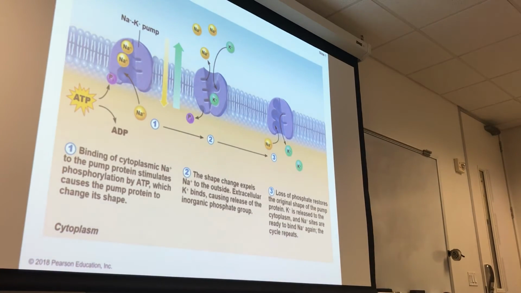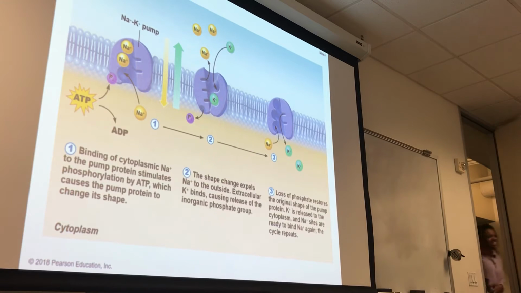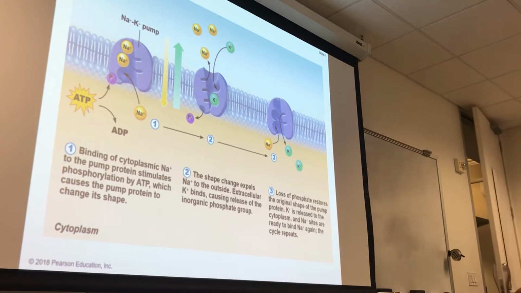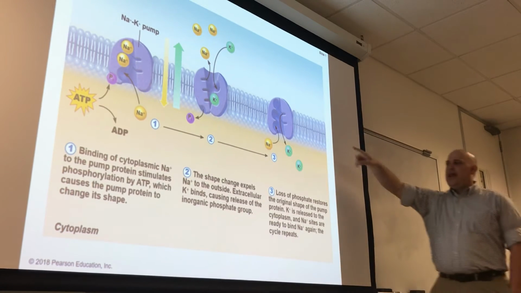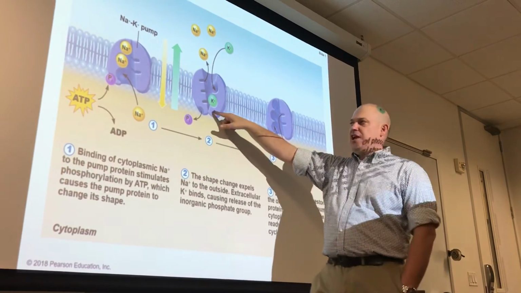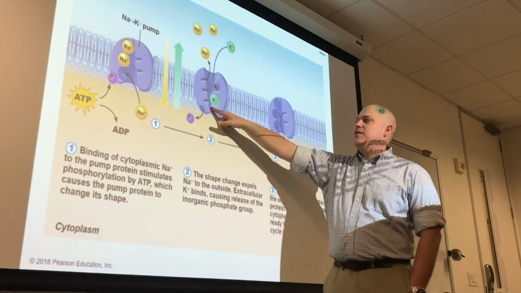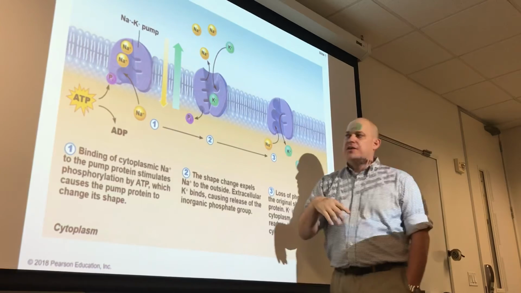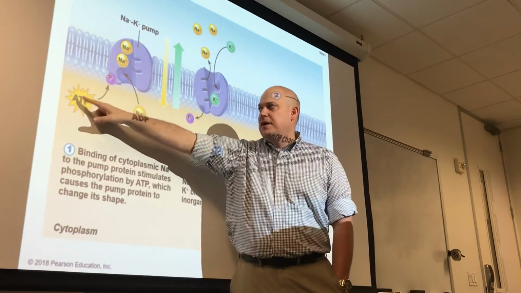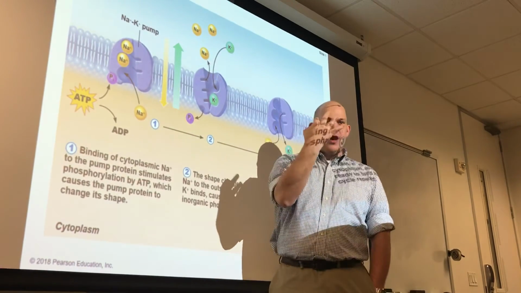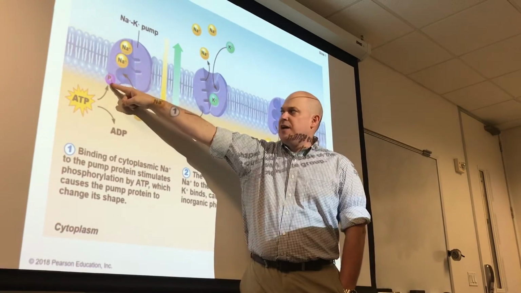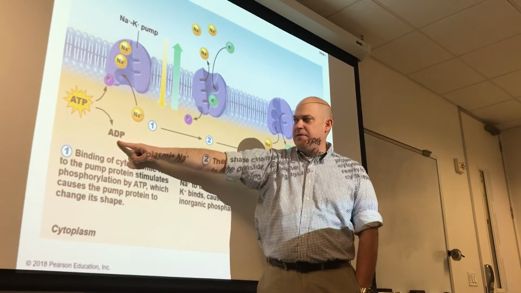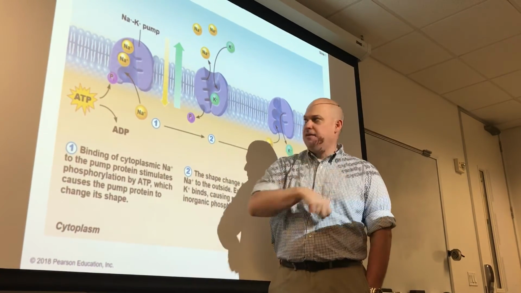What we're doing here is we're taking material and we're going against the natural movement of those ions. In order to do that, we're going to have to open and close these channels, and that requires energy, and that energy is going to come in the form of ATP. ATP, adenosine triphosphate, will donate a phosphate group, becoming ADP, adenosine diphosphate.